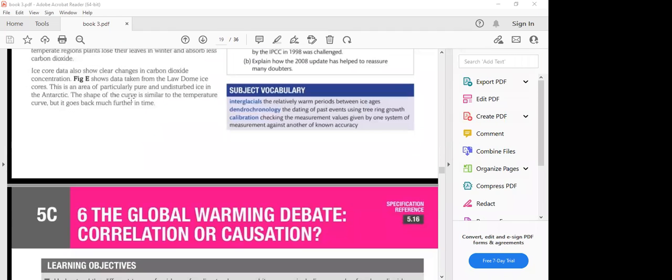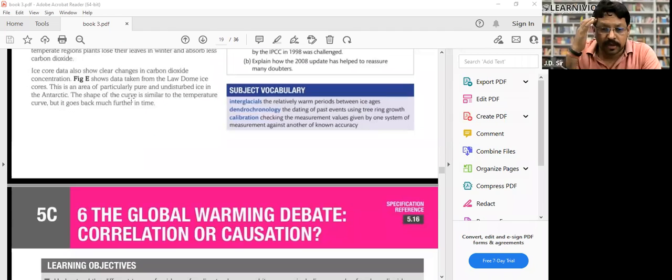Okay, so in the Antarctic, what happens when the ice layers form? Carbon dioxide gets trapped between the ice layers. When we drill, the carbon level will be different in different ice layers, right? The lower layers will have less concentration of carbon dioxide, and the upper layers will have more, in that undisturbed area.